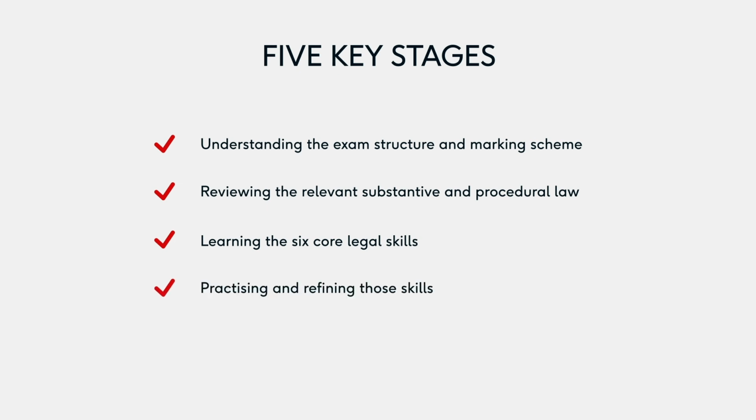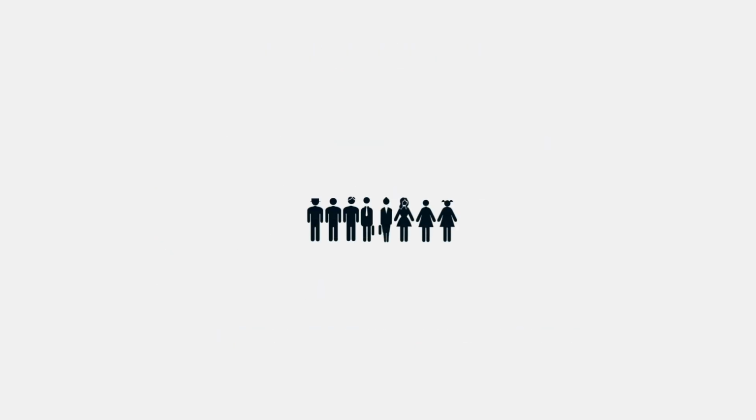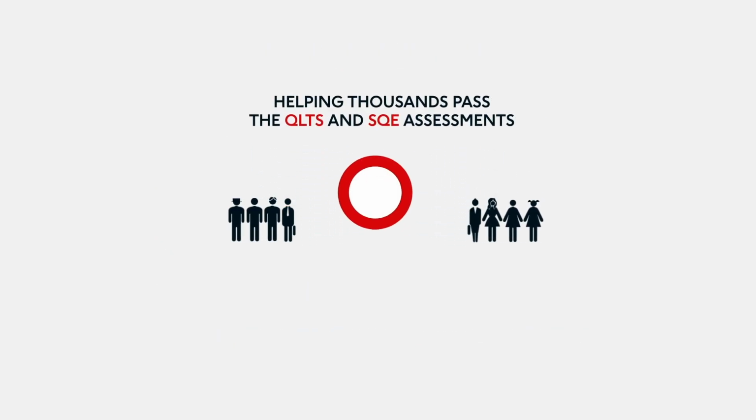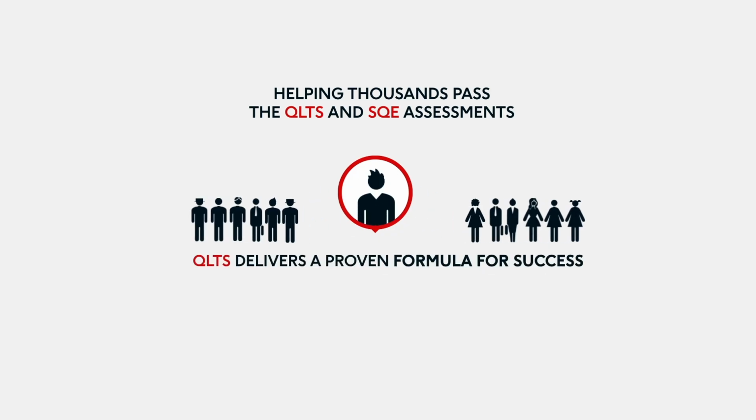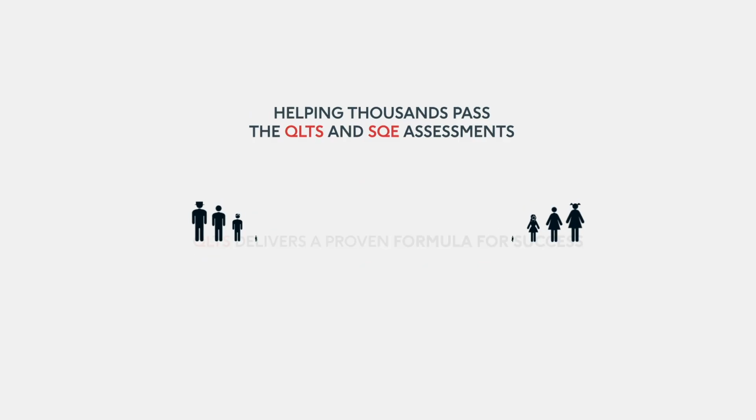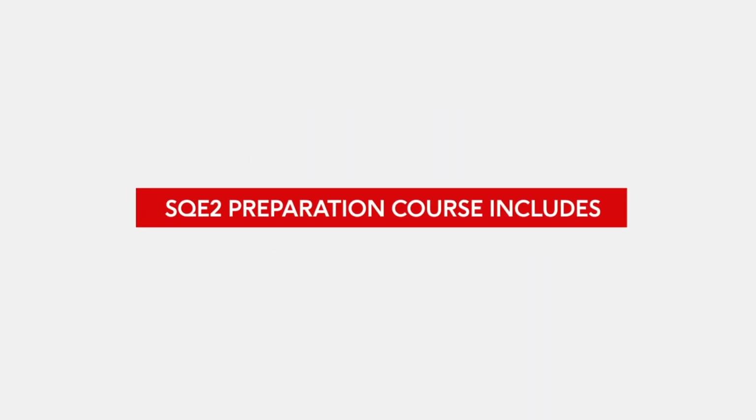Practicing and refining those skills. 5. Completing mock stations with personal tutor feedback. With years of experience preparing candidates for the QLTS assessments, on which the SQE is based, QLTS delivers a proven formula for success.